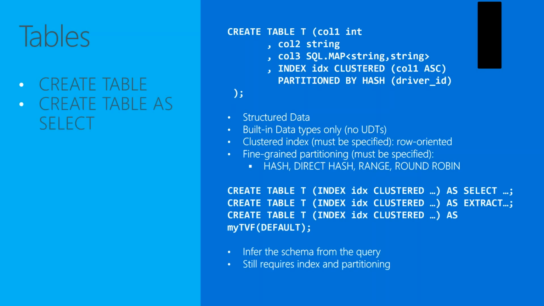Now, as I mentioned, you can also do create table as select or as extract or as TVF. In that case, the schema is inferred from the query, but you still have to define the index and the partition information.